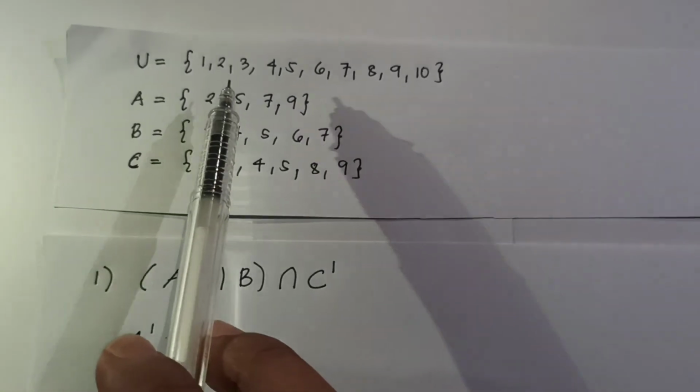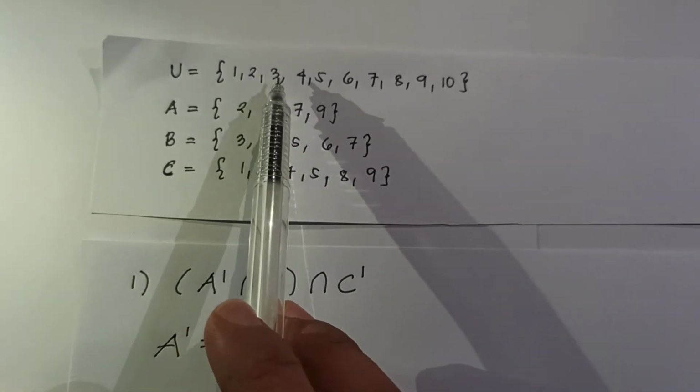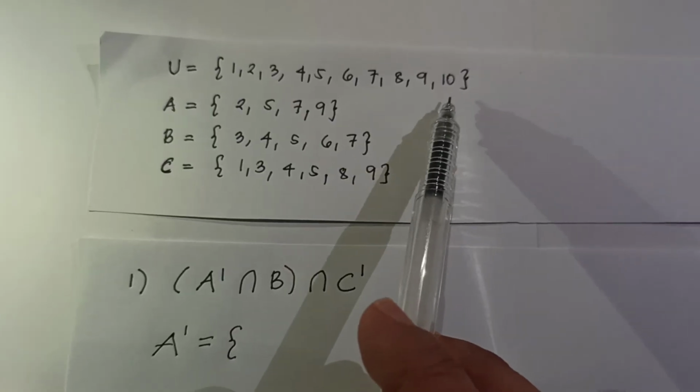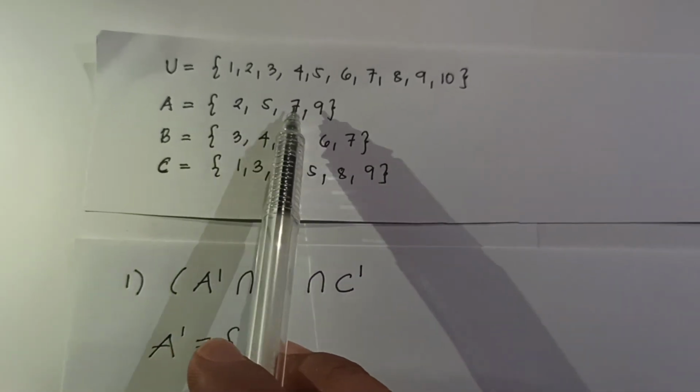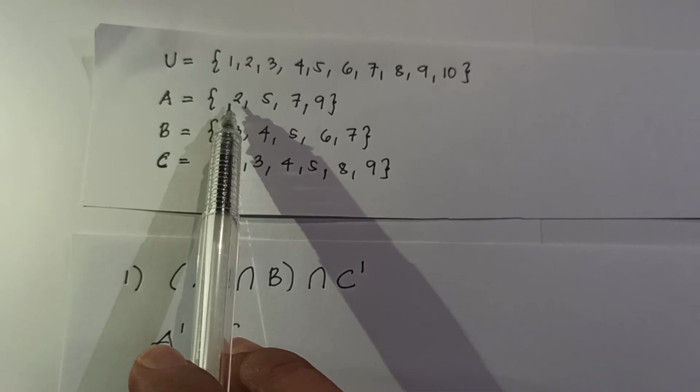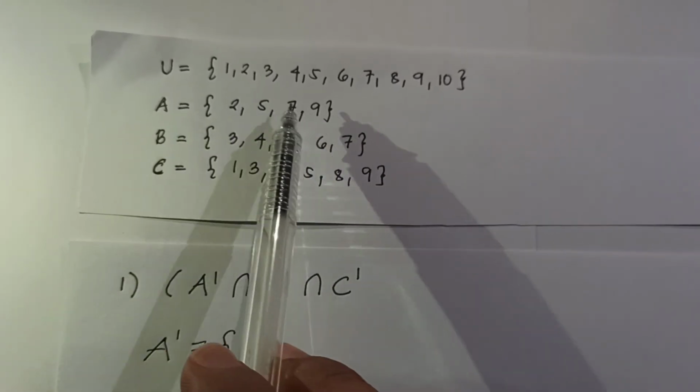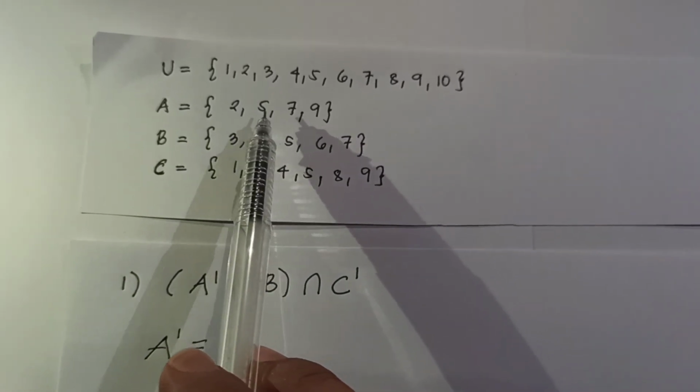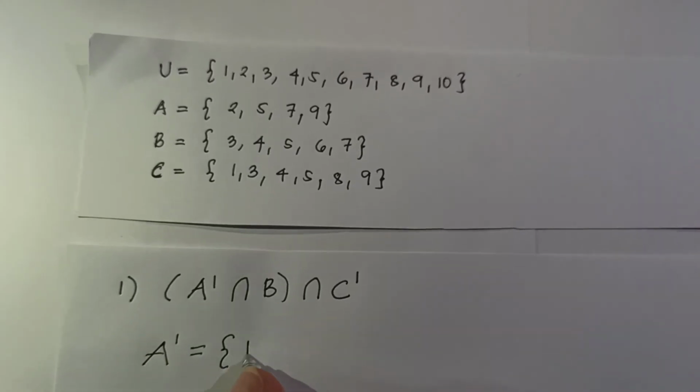We have the universal set 1, 2, 3, 4, 5, 6, 7, 8, 9, 10. Our A is 2, 5, 7, and 9. So based on this A, what is not in A is 1.